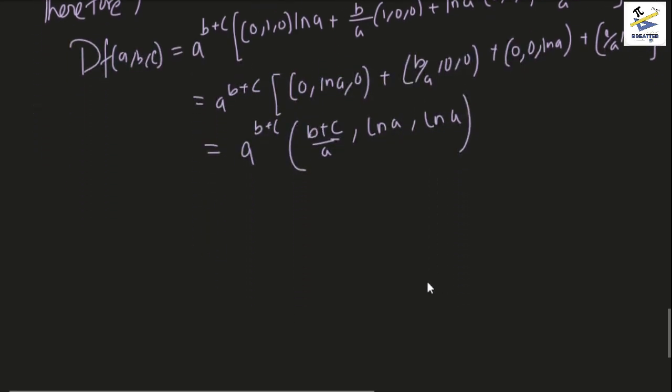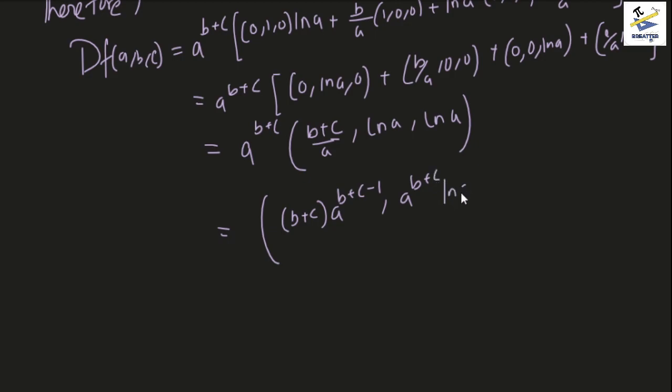So we multiply together to get this. The answer is b plus c into a to the power b plus c minus 1, a to the power b plus c ln of a, and a to the power b plus c ln of a, which is the answer.